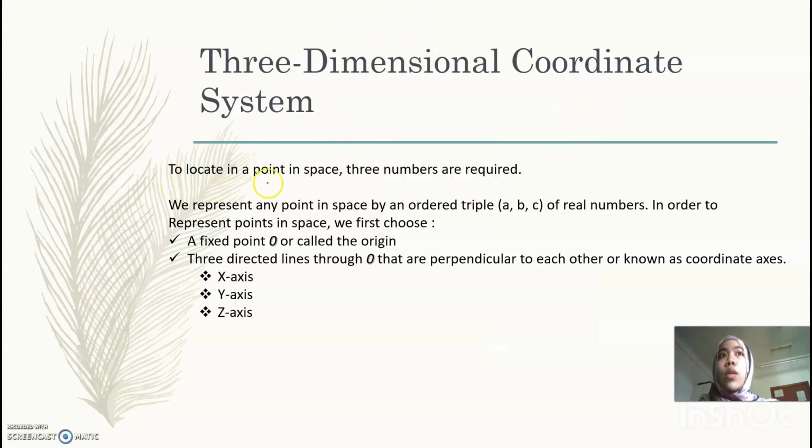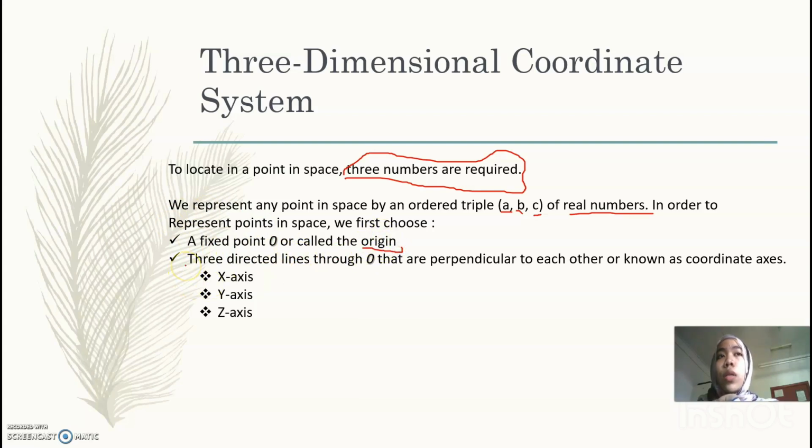To locate a point in space, 3 numbers are required. We represent any point in space by an ordered triple A, B, and C of real numbers. In order to represent a point in space, we first choose a fixed point O, called the origin.